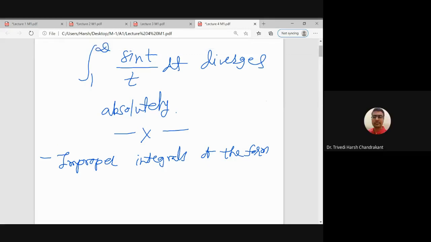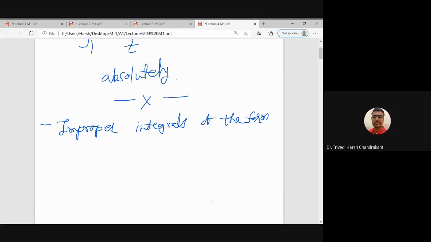So the series which converges but diverges absolutely is called a conditionally convergent series. Right. So improper integrals of the form minus infinity to a are defined similarly.